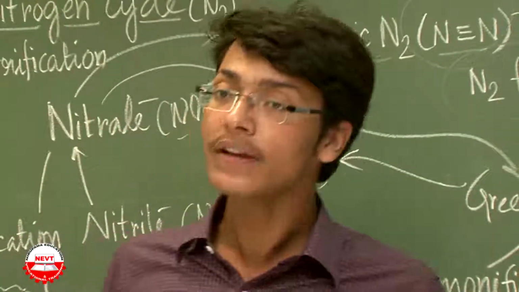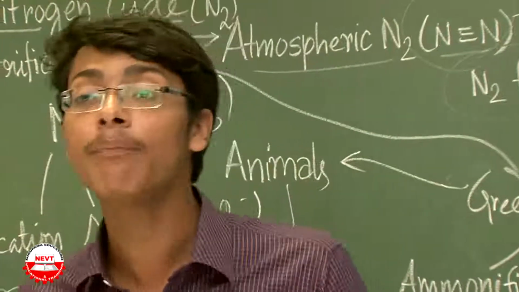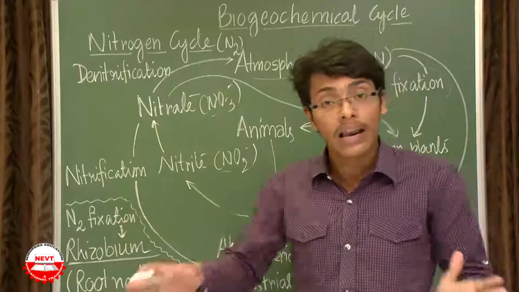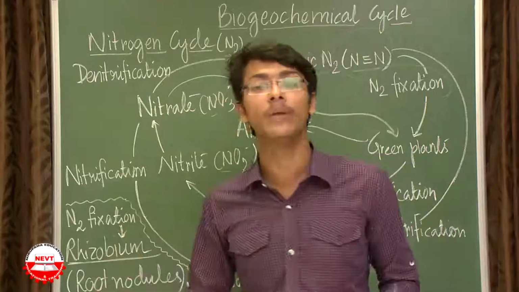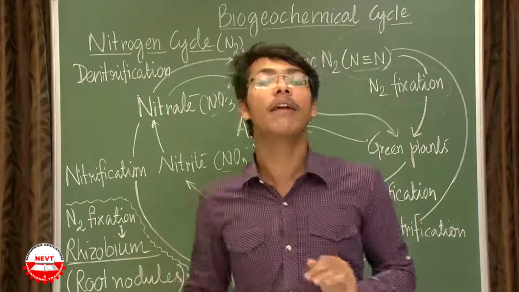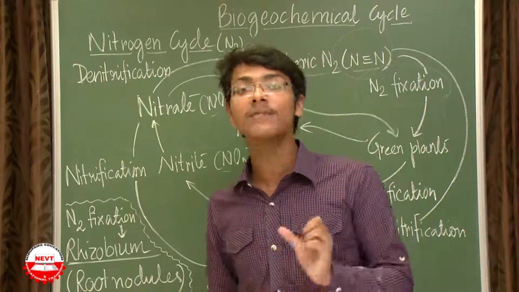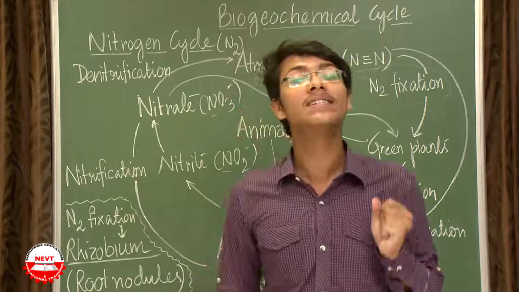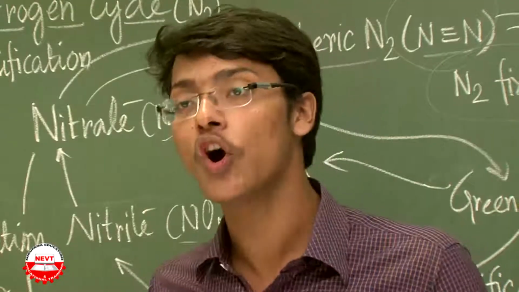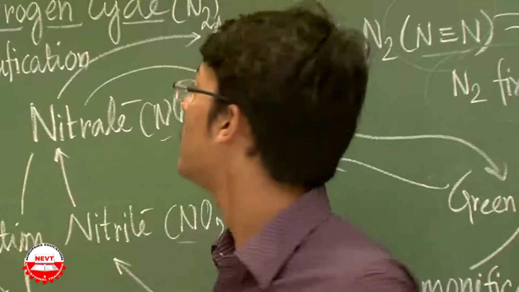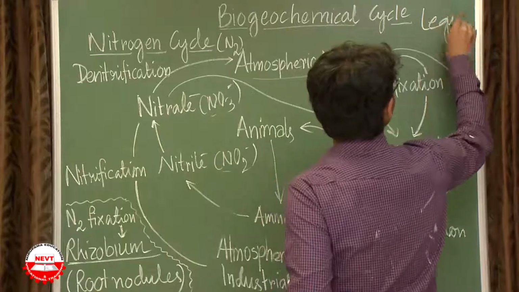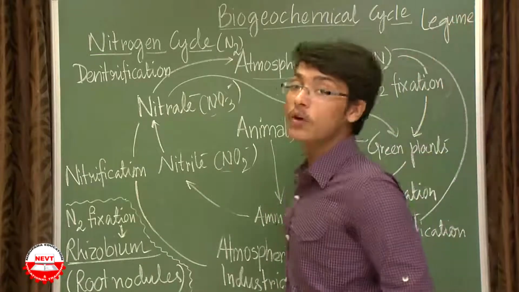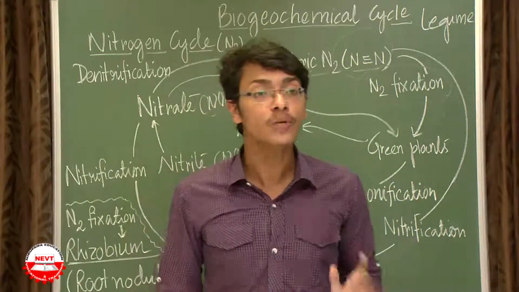Now, nitrogen fixation occurs with the help of a class of bacteria called rhizobium. It is present in the roots of leguminous plants. Roots of legumes.